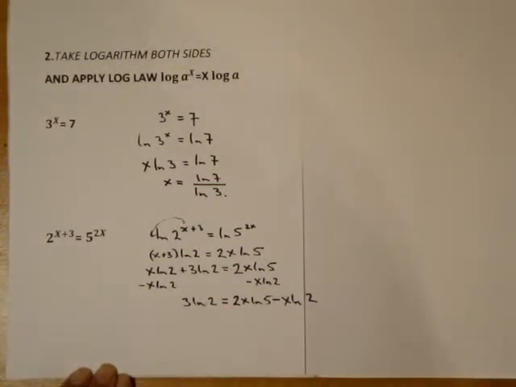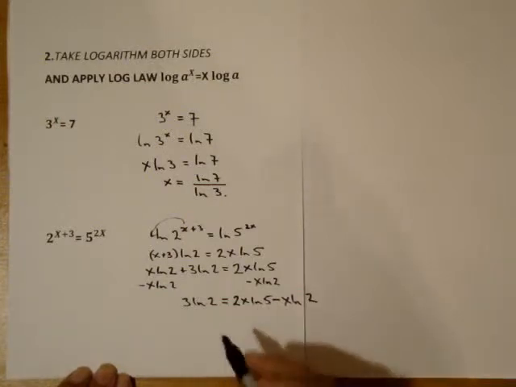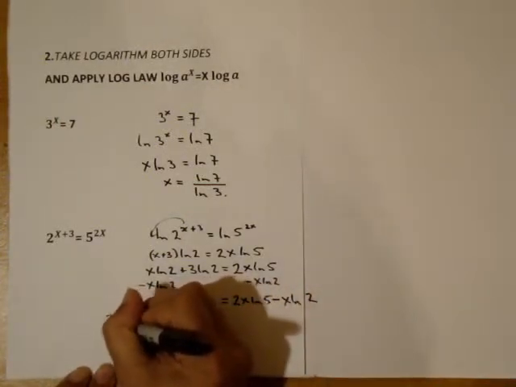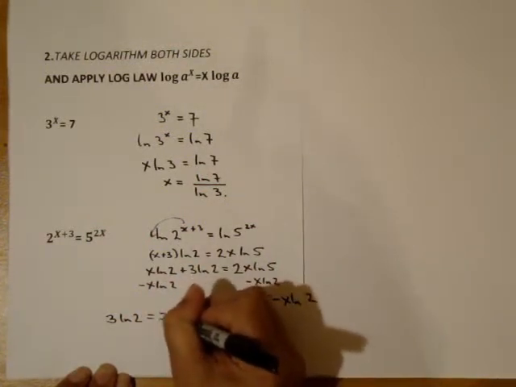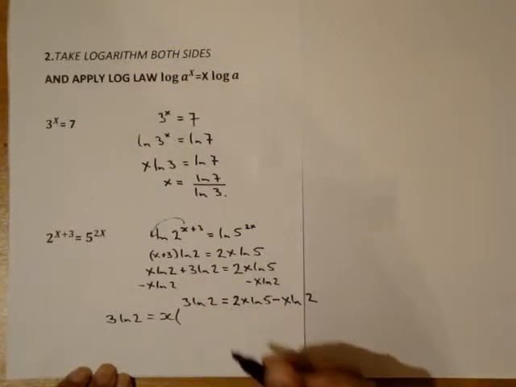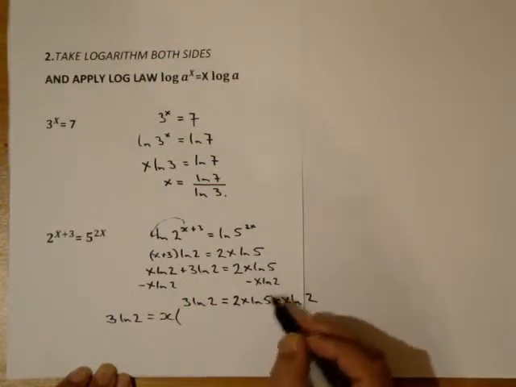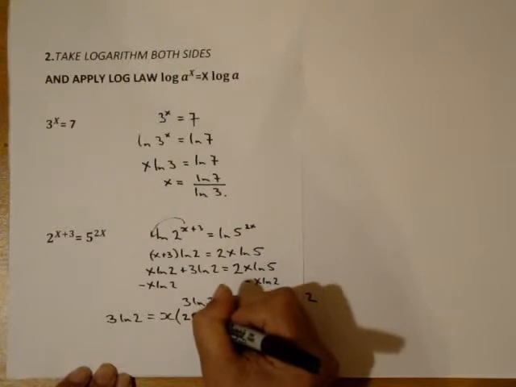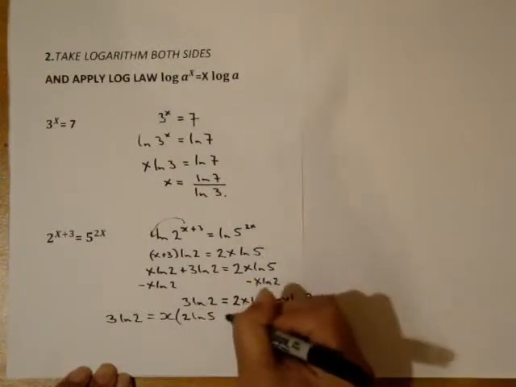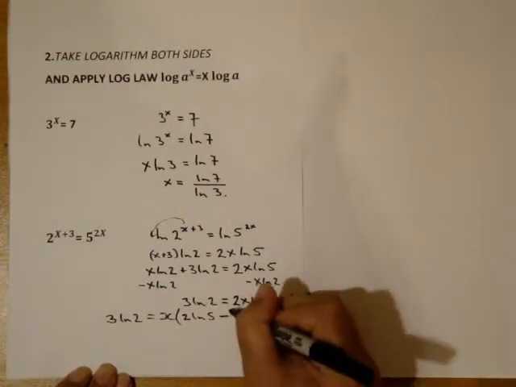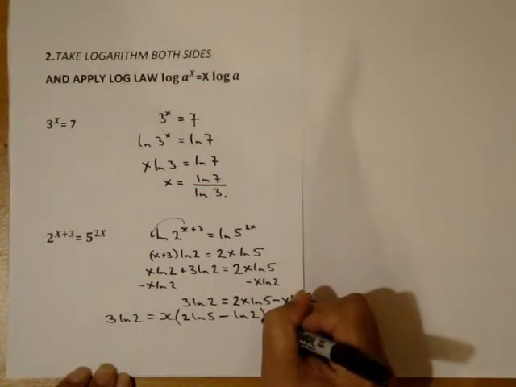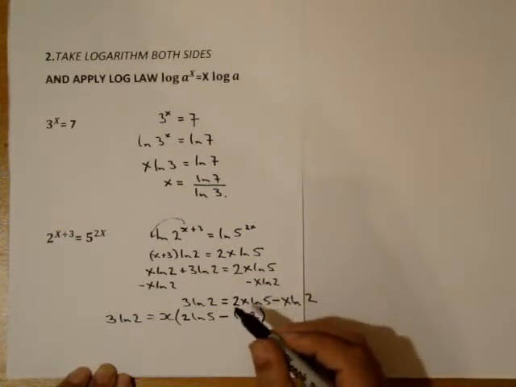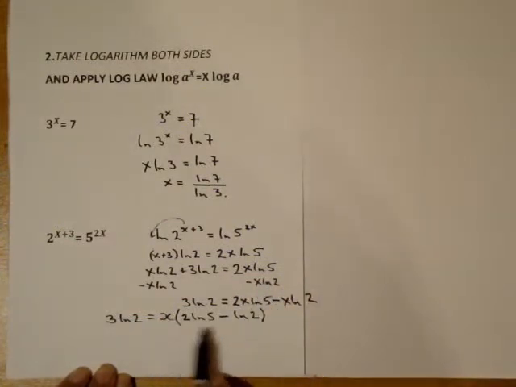So let's factor out an x over here, so this becomes 3 natural log 2 equals x, and we're going to factor out an x, so this becomes 2 natural log 5 minus natural log 2. We divide now to get x by itself.